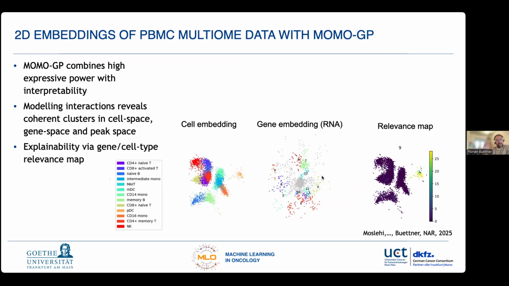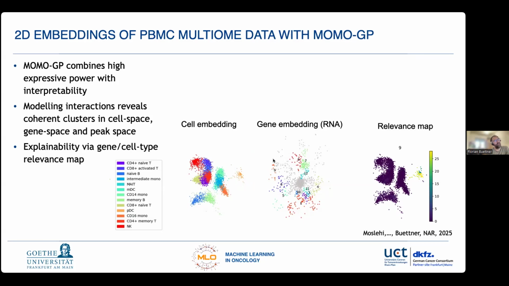And then, using the parametric mapping between spaces, we can check which cells in the cell latent space are most influenced by these metagenes. And then, for example, we can see that metagene number 9 here has the strongest influence on pDCs.